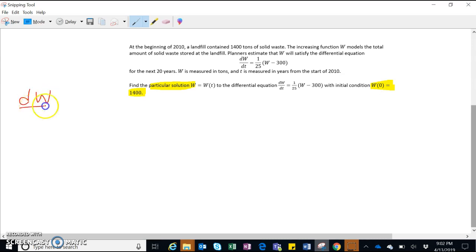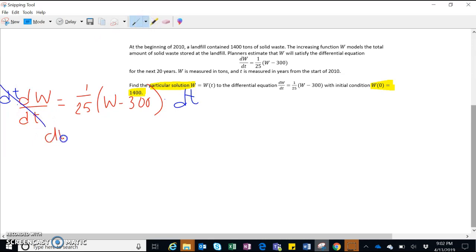And we know based on what we just studied in our last unit that if I want to find a particular solution, I'm solving the differential equation by way of separating and integrating. Separate and integrate. So the first thing we always do in this kind of thing is get rid of dt.